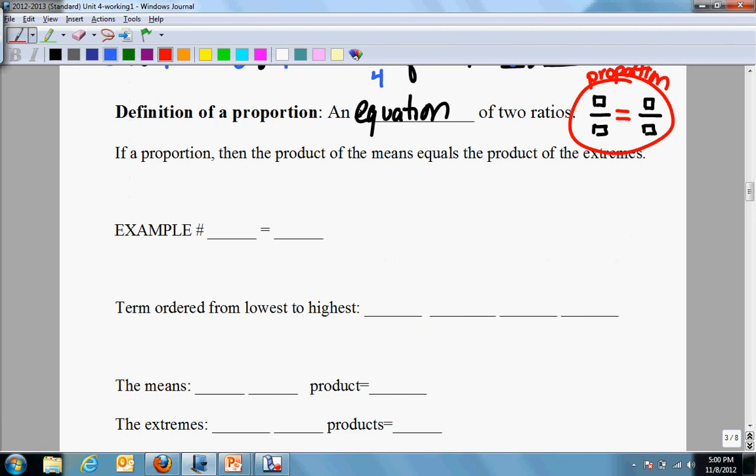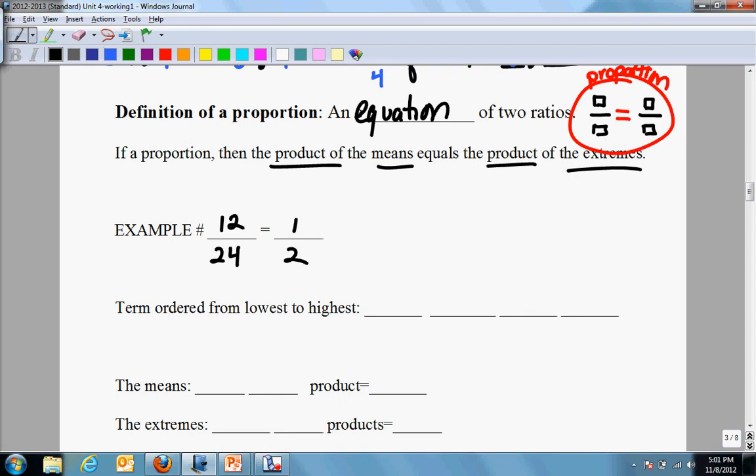Now, in proportions, we have something called means and extremes. If something is a proportion, the product of the means equals the product of the extremes. What do I mean by that? Let's take this proportion here. Let's do a proportion of 12 over 24, and let's reduce it, which of course is 1/2.